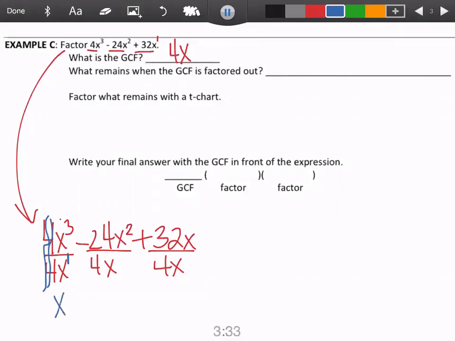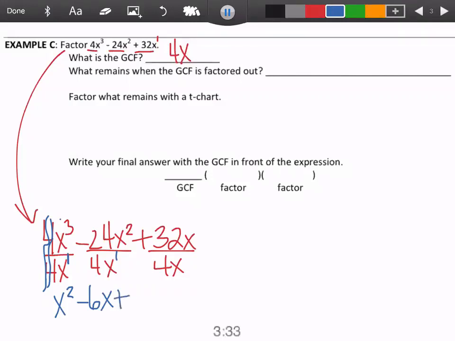And then we subtract the exponents. 3 minus 1, that's x squared. Negative 24 divided by 4, that's going to give us a negative 6. And then remember that we have to subtract the exponents. Also realize that when you don't have an exponent written, that exponent is 1. So we subtract those exponents, and get negative 6 x to the first.